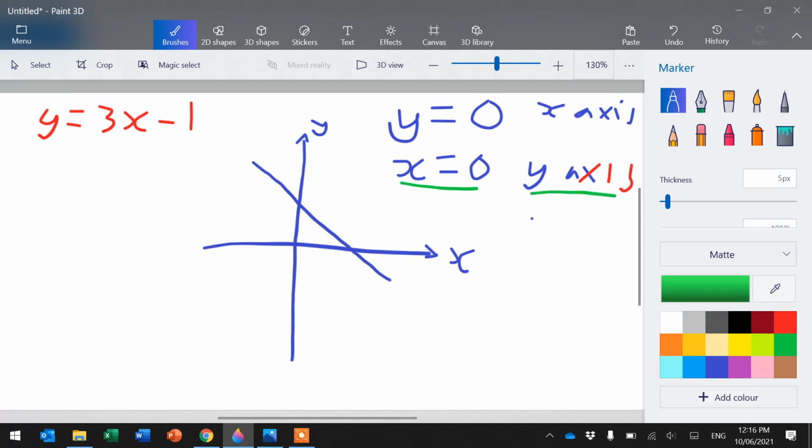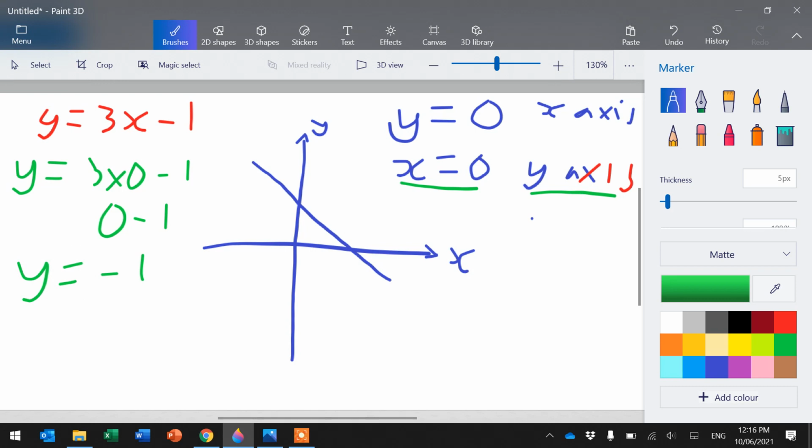If x is 0, y equals 3 times 0 minus 1. 3 times 0 is 0, and 0 minus 1 is minus 1. So y equals minus 1.